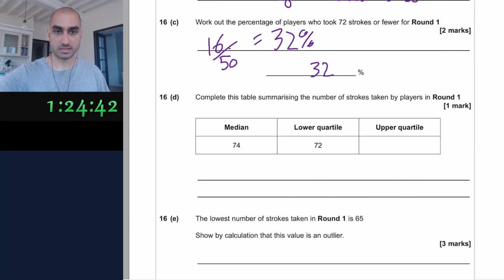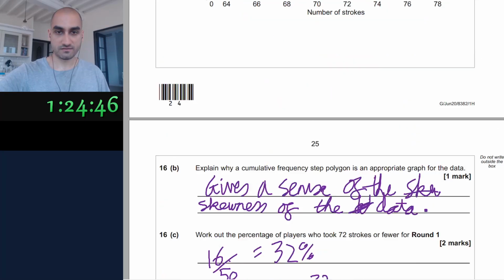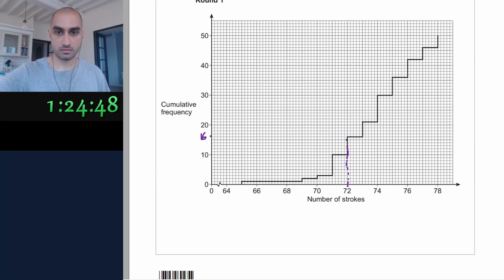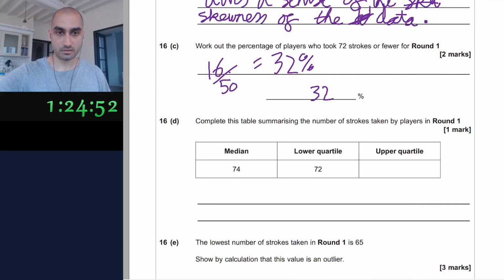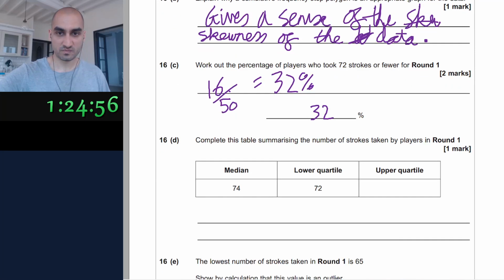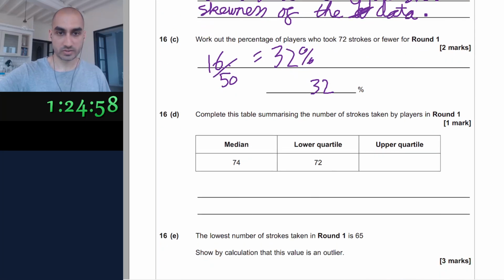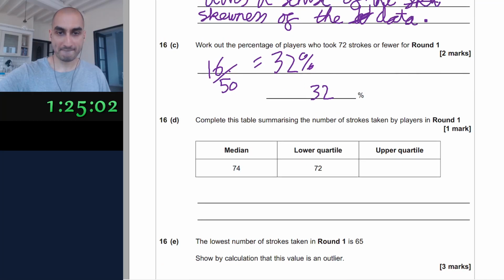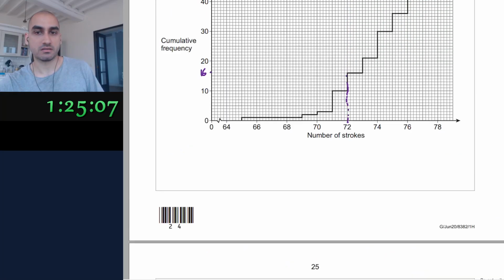Alright, complete this table summarizing the number of strokes taken by players in round 1. Median is 74. Yeah. Sure. Lower quartile 72. Upper quartile, so 75% mark.